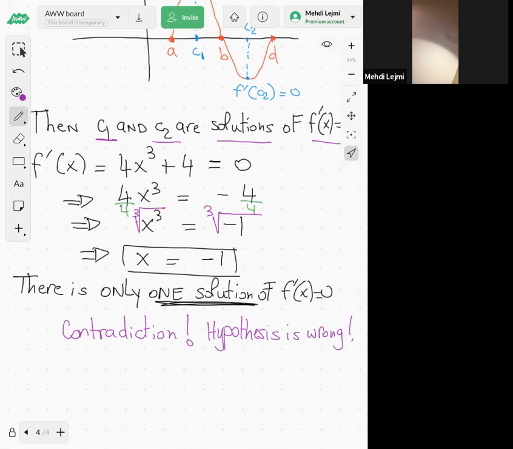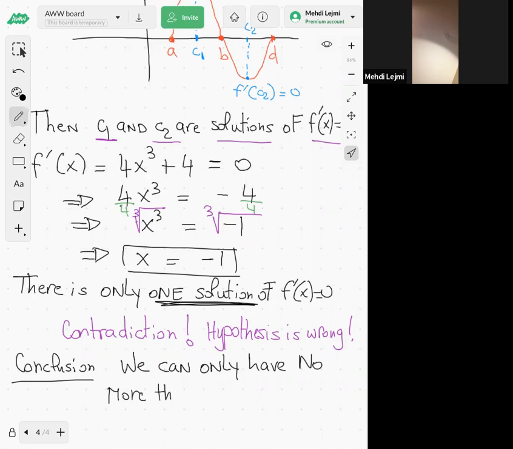So the conclusion is that we can have no more than 2 solutions. We cannot have more than 2 solutions, right?